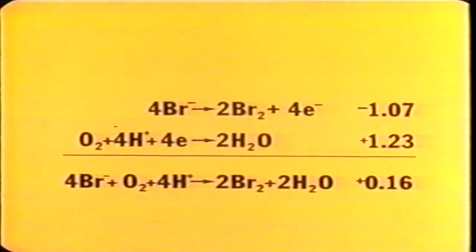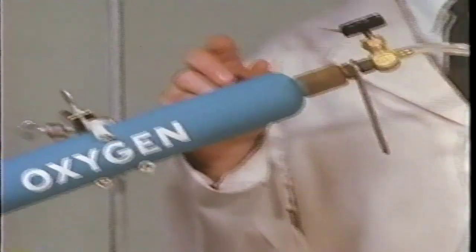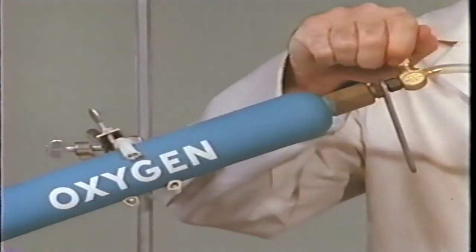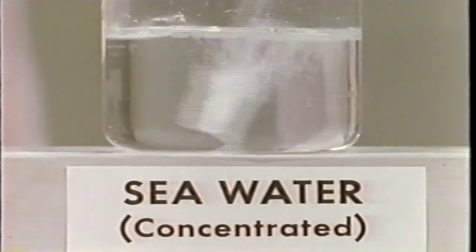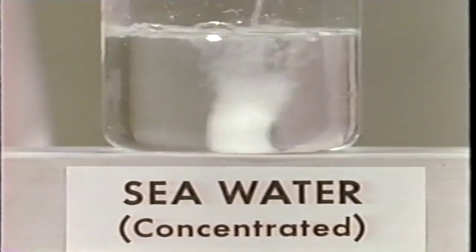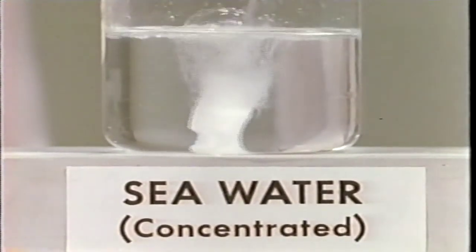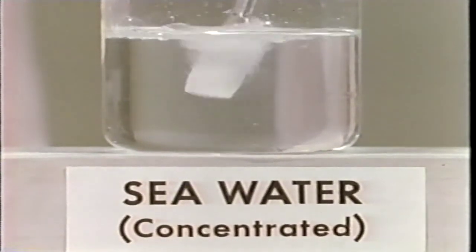But the bromide is so far below 1 molar that appreciable reaction is unlikely. Let's try anyway. We bubble pure oxygen through the solution. There is no visible effect. Apparently, the concentration of bromide ions is too low to produce any visible amounts of bromine.